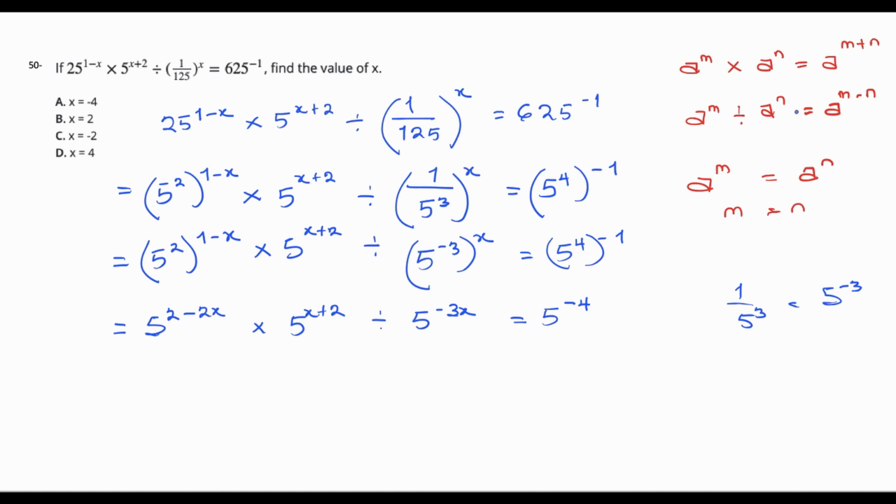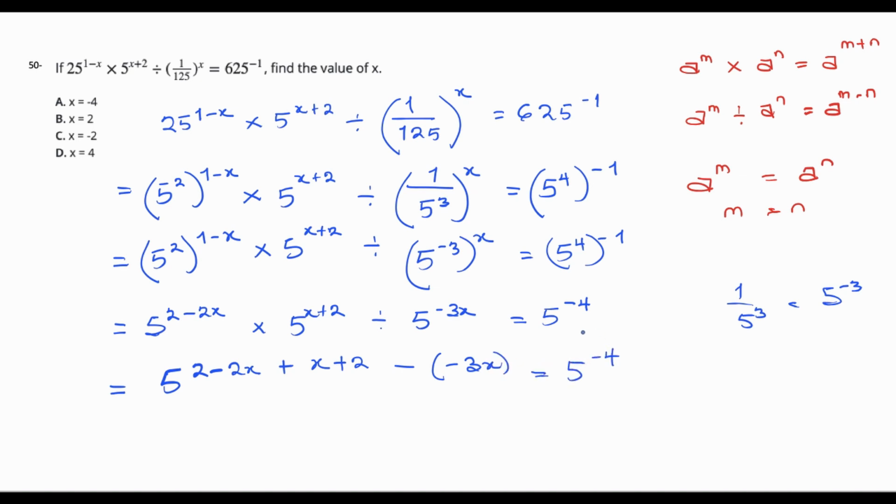And we know that when the similar bases are divided, that is a subtraction. So then this is equal to 5 raised to power, we add up these two because of the multiplication sign, which is 2 minus 2x plus x plus 2. And we have to subtract this because of the division sign, minus 3x equals 5 raised to power minus 4.